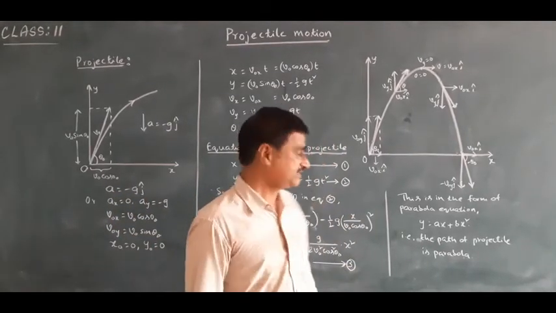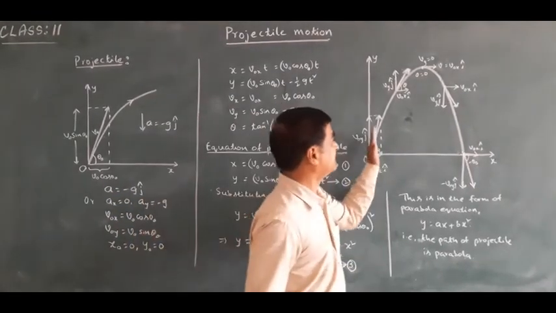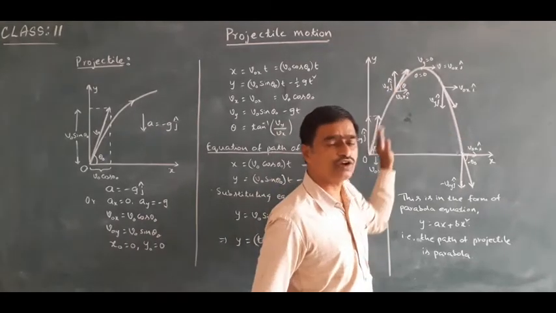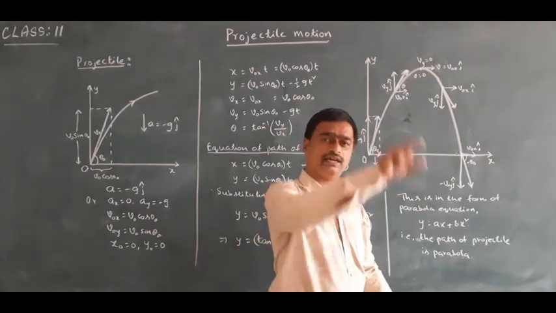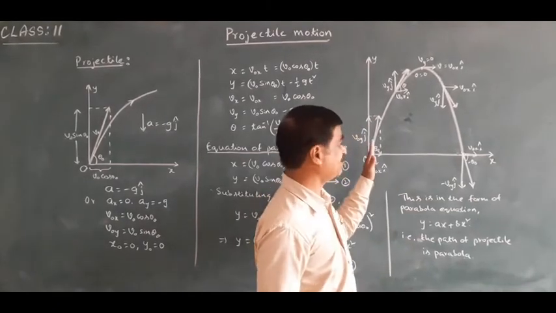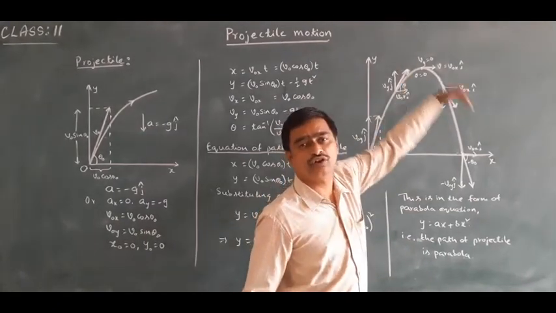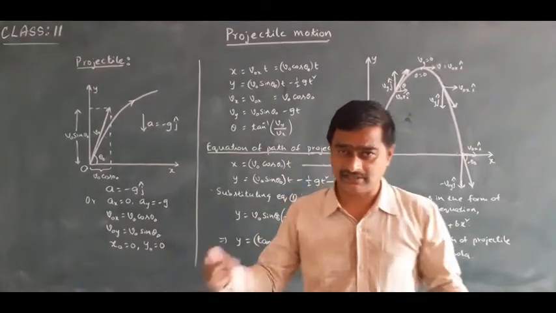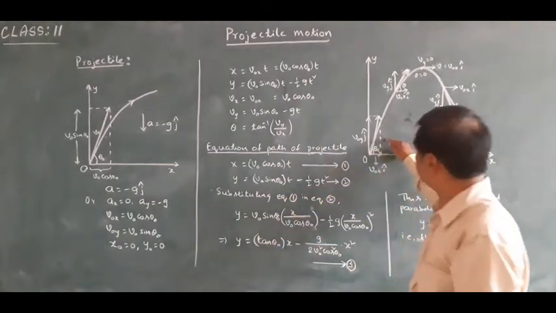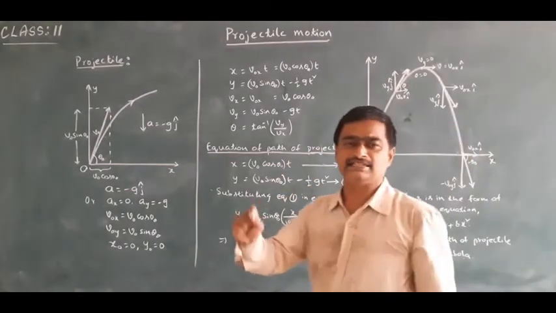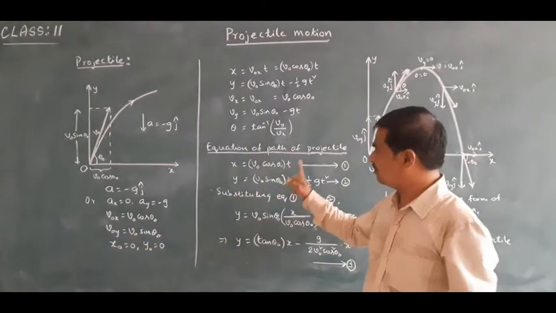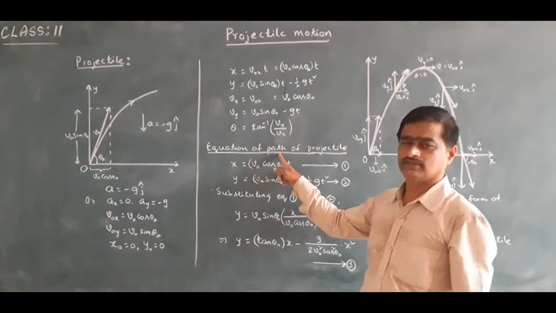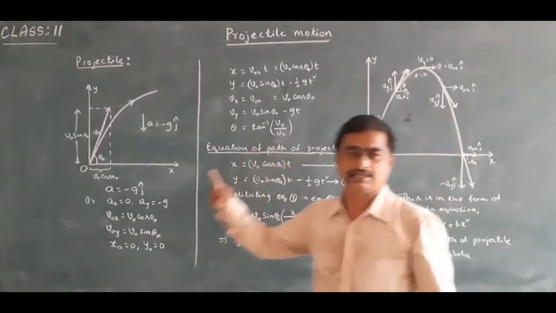That's why we consider this line as the path followed by the projectile, okay. If we throw the body into a projectile motion, then it is going to follow that path whether it is there or not. That is, the meaning is that it is irrespective of time.